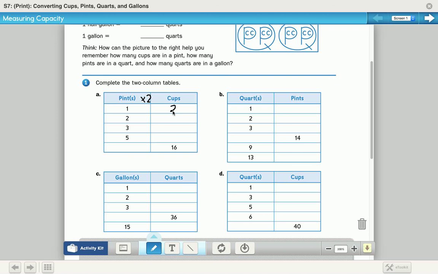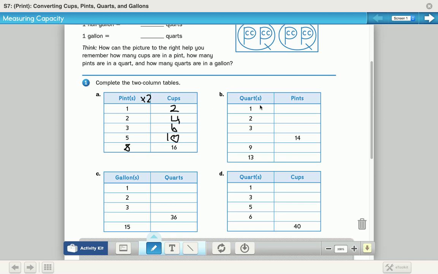So we would have 1 times 2 is 2. 2 times 2 is 4. 3 times 2 is 6. 5 times 2 is 10. And we could think about this one as either what number times 2 equals 16, or 16 divided by 2 equals what? And that would be 8.